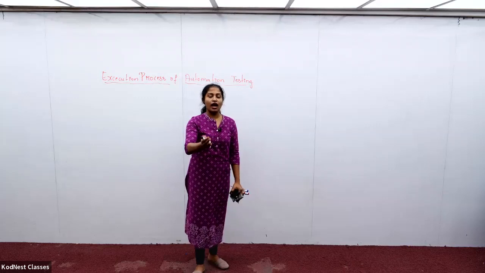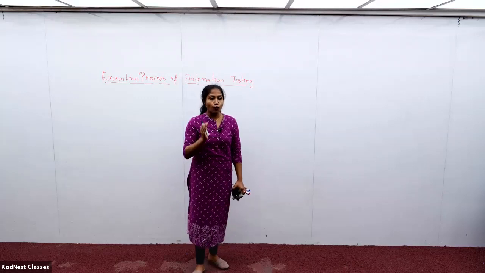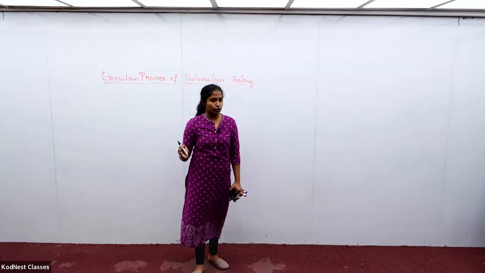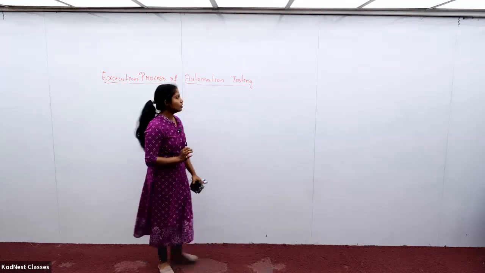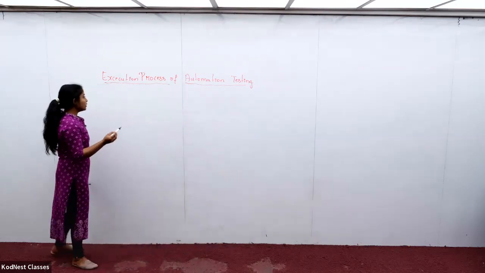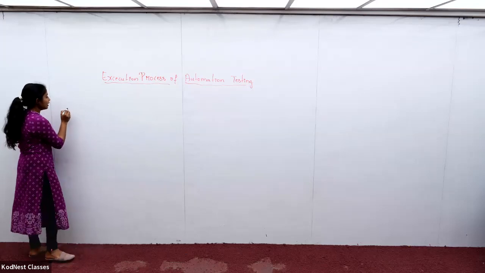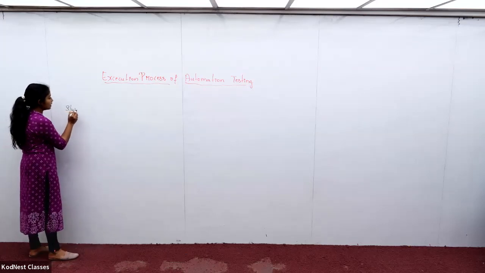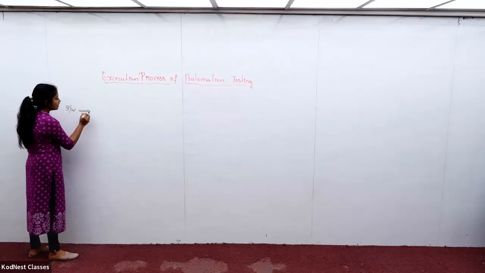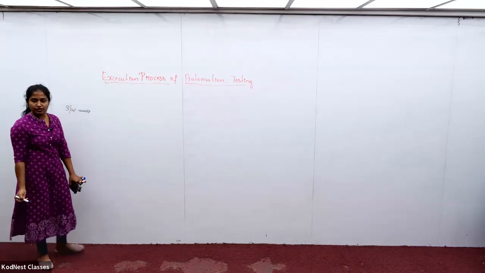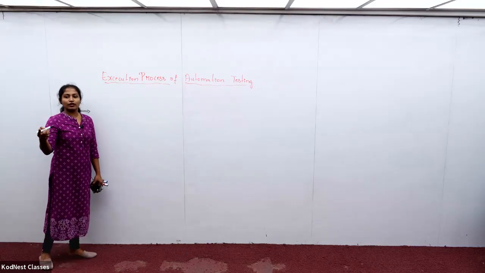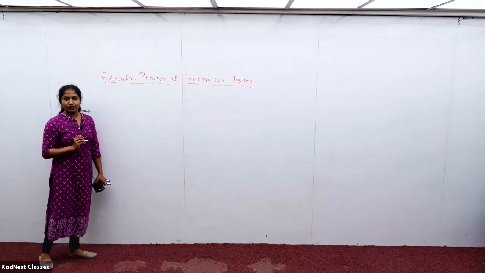Once you start with automation testing, what is the process you should undergo? That is what I am trying to explain to you now. Assume that the software is created and given to the automation testing team. You all are working in automation testing in the company.